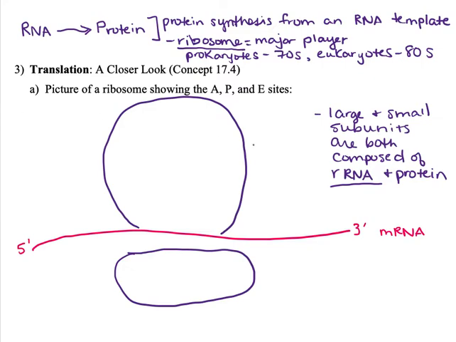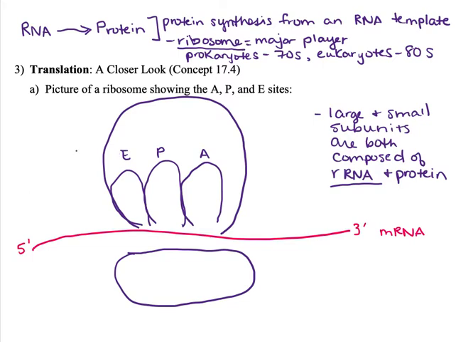Going back to purple, in the ribosome itself we've got three particular sites. From right to left, it spells APE. First we have our A site, then our P site, and then the E site.